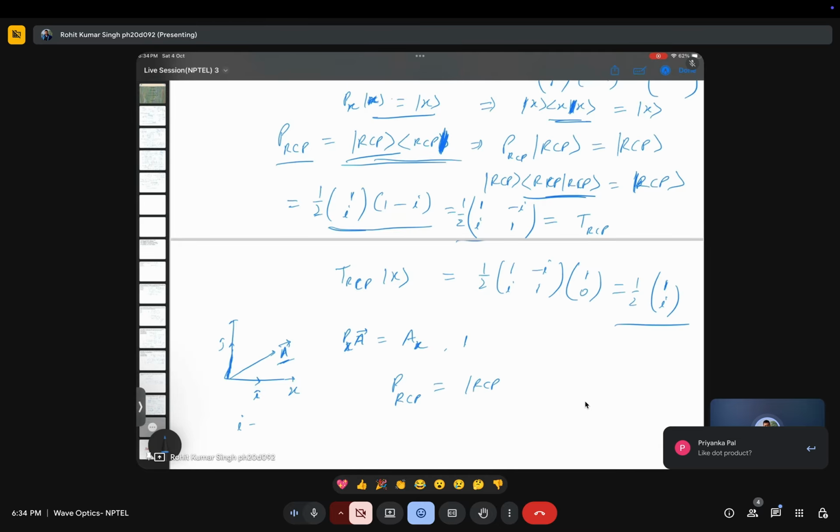You can represent it as 1 0, like a dot product. Then your projection operator here will be 1 0 and 0 1, okay. And this, when applied on any vector, gives you the x component.